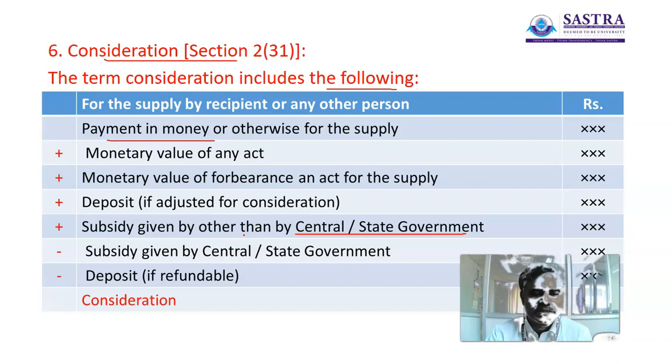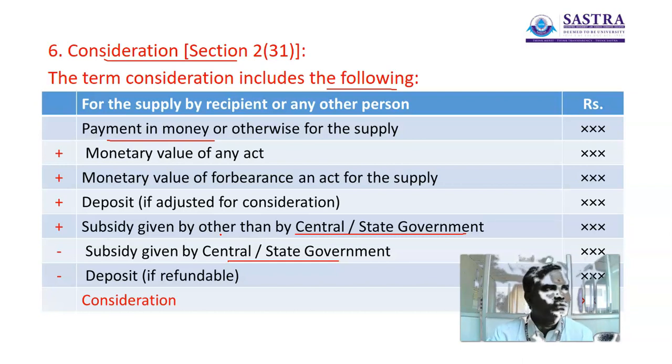Okay, so the subsidy given by other than central and state government should be added. Then subsidy given by central and state government should be deducted. Other than means private, the subsidy given by private. But take for example, you decide to donate 1,000 notebooks to a school located in a rural village or in your village.